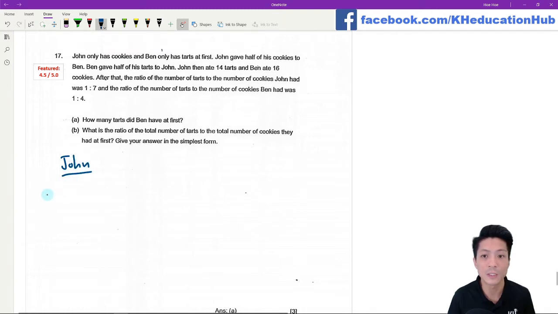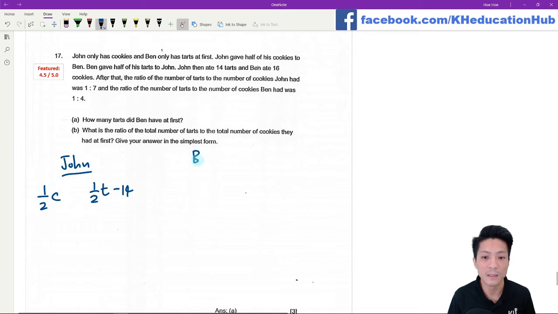John gave half of his cookies to Ben, and then Ben gave half of his tarts to John, which means that John will have half of the cookies, and he received half of the tarts from Ben. But John ate 14 tarts, which means that I need to minus away the 14.